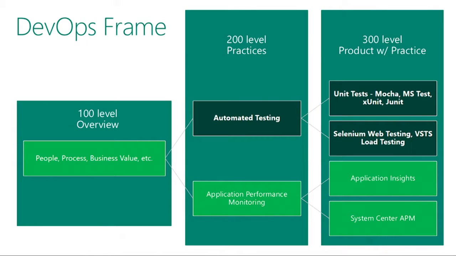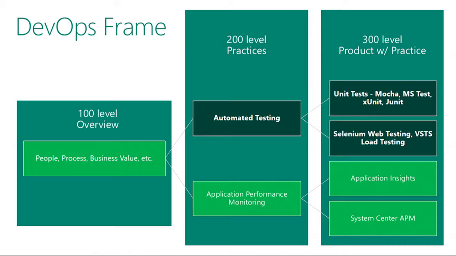Okay, so how does application performance monitoring fit, and what does that mean? Application performance monitoring and availability monitoring can be included as what we're calling DevOps practices. That helps to bridge the gap in terms of how you can think about which type of technologies are involved for any particular thing. There are a lot of different ways and a lot of different products that can enable availability and application performance monitoring.